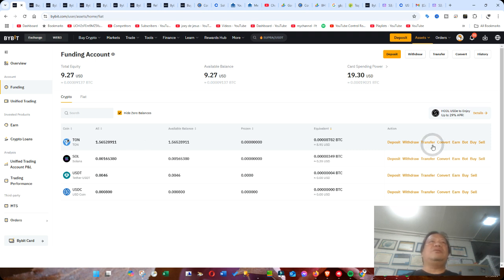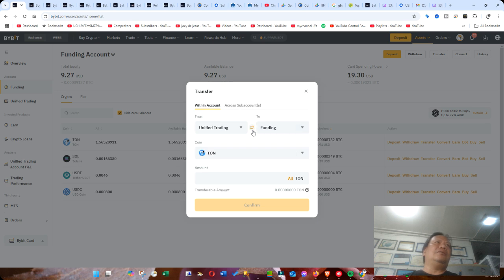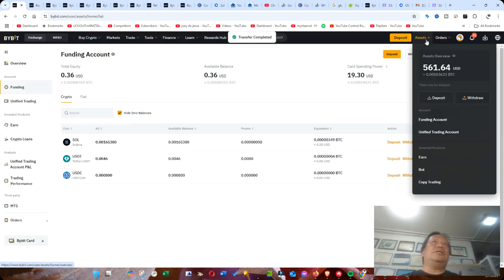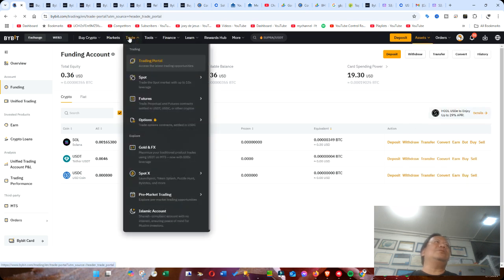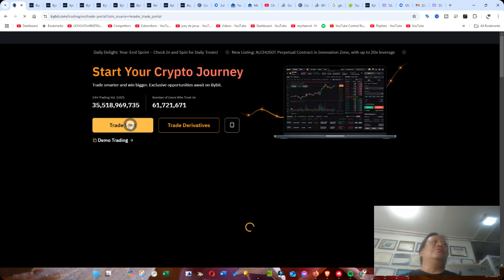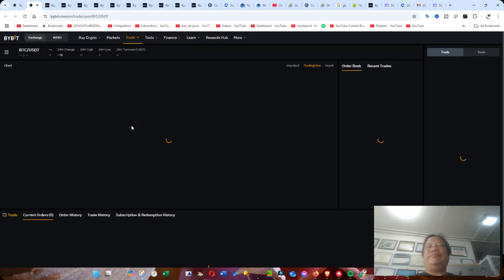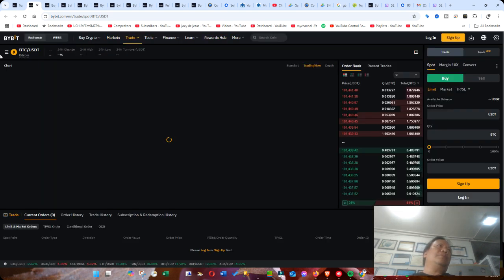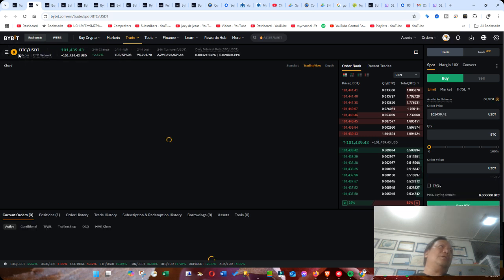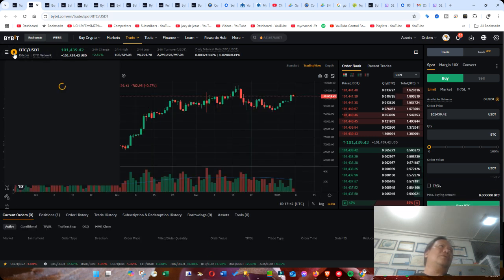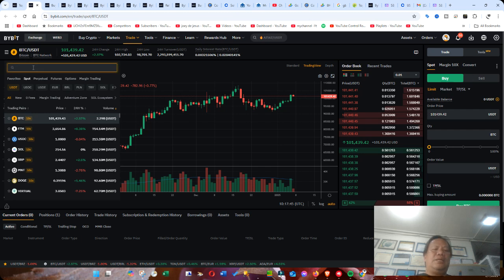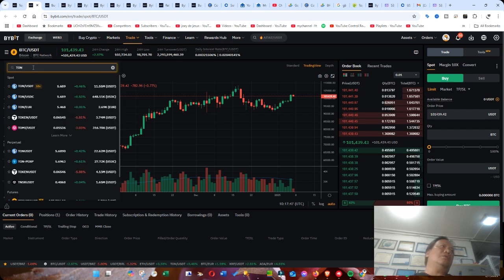I'm gonna transfer that to my trading, all ton. And then I'm gonna trade, right? Because it's already on my unified trading account. So I'm gonna trade ton, and hey ton, where are you? I'm gonna trade ton, and I'm gonna make euro out of it.